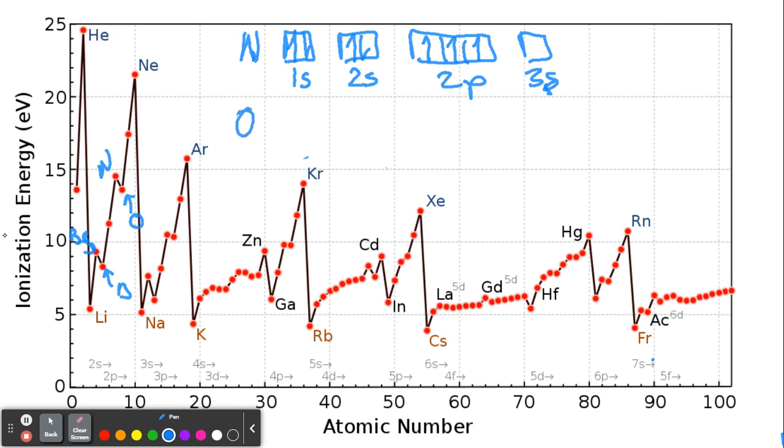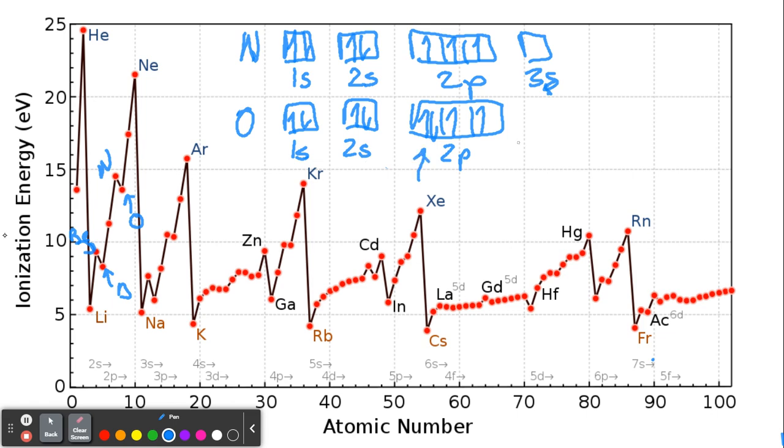Whereas if we compare with oxygen, oxygen has full 1s, full 2s, and only one electron pair in 2p. This isn't all that happy. It's not all that stable.